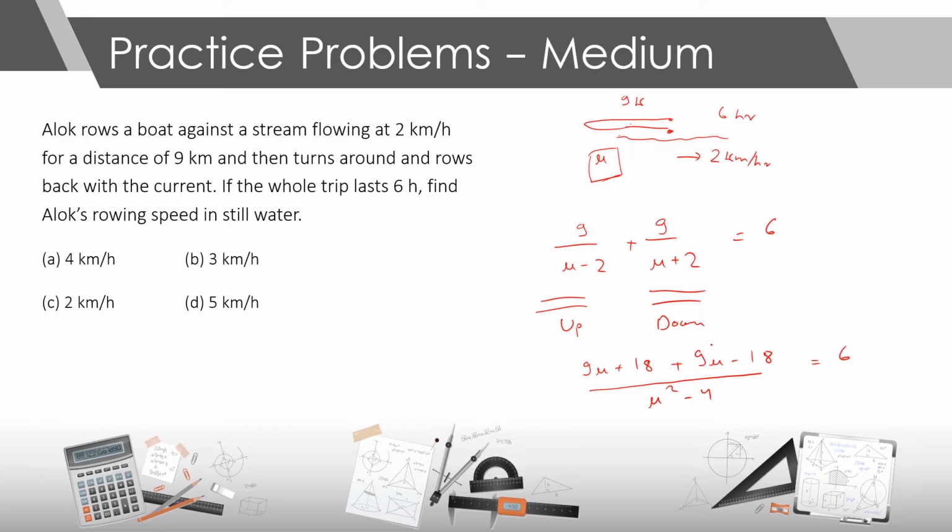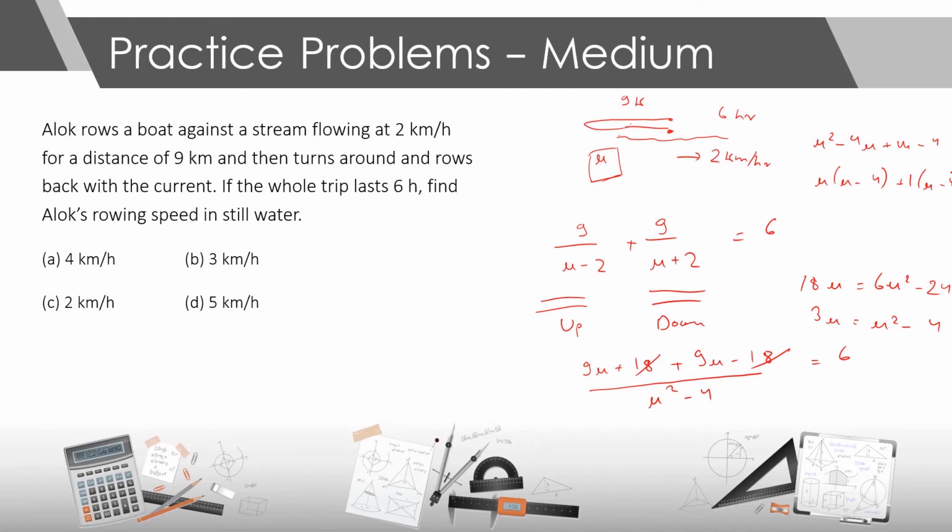It is equal to 6. This is a quadratic equation. 6u square minus 4 is equal to 18u. Minus 24 is equal to 18u. So this becomes u square minus 4 is equal to 3u. u square minus 4u plus u minus 4 is equal to 0.